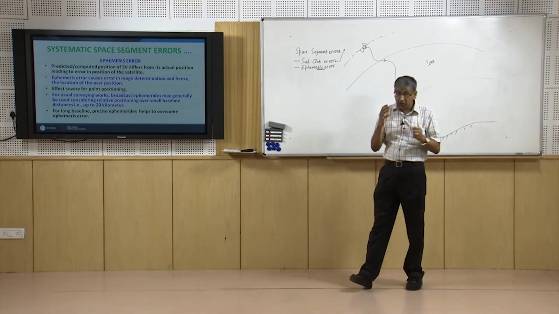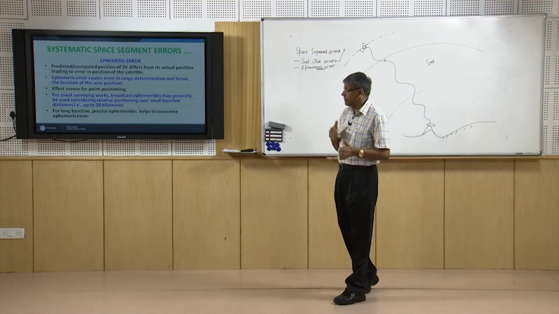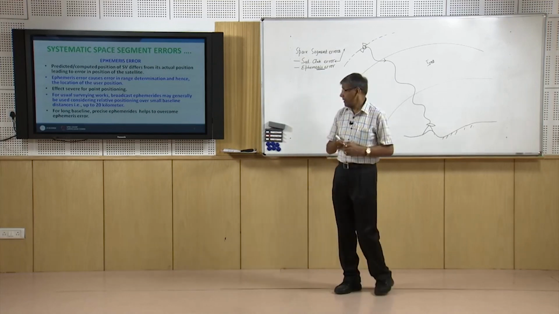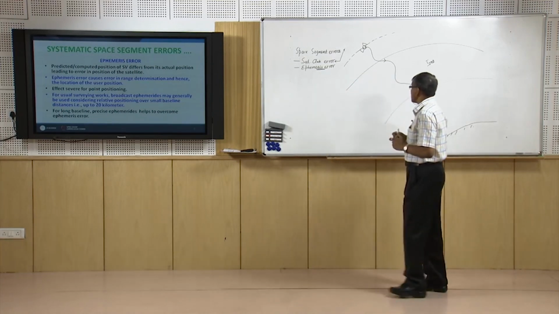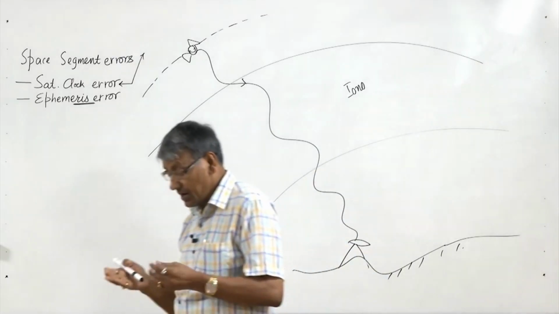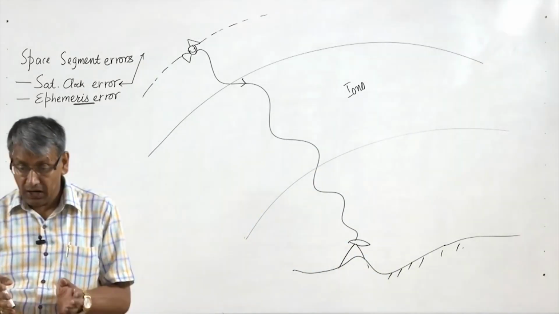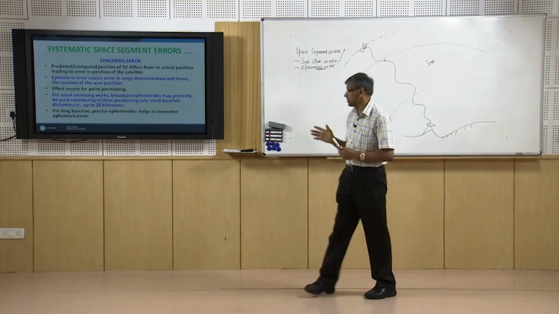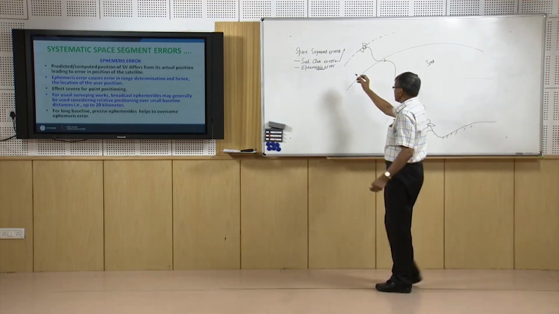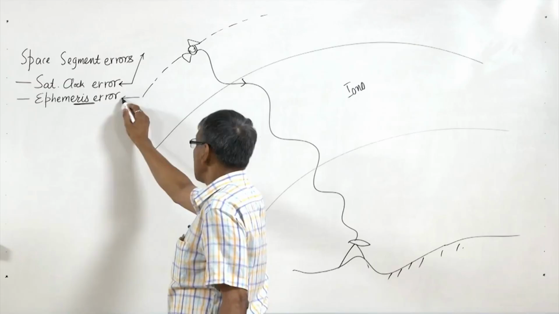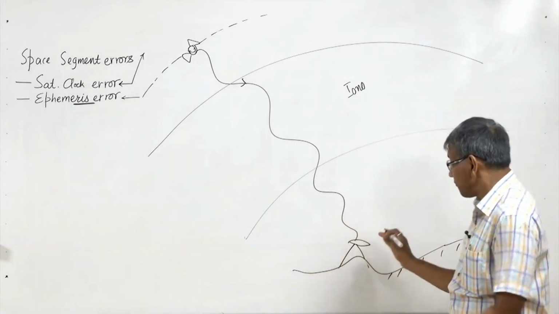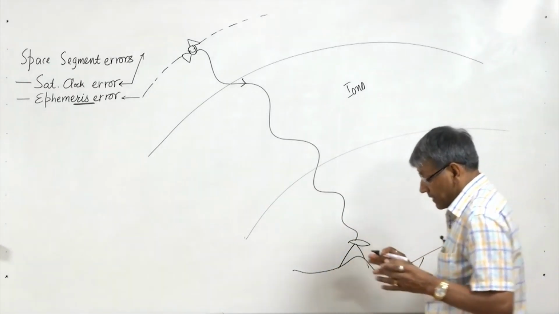So that discrepancy arises, and that is called ephemeris error, and due to this error the position we get from the broadcast ephemeris data will end up with some error in position. To avoid that we should go for relative positioning if the baseline length is small.